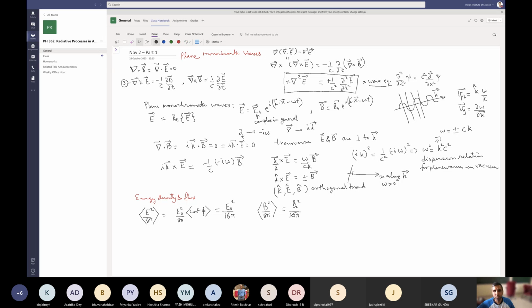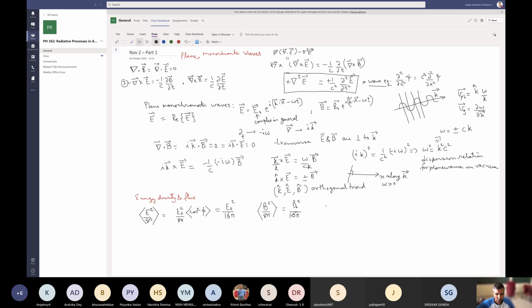Now you see from here that the absolute value of E and the absolute value of B are equal, because this is a triad of E naught, E hat, and B hat. So E equals B, and E naught is equal to B naught.